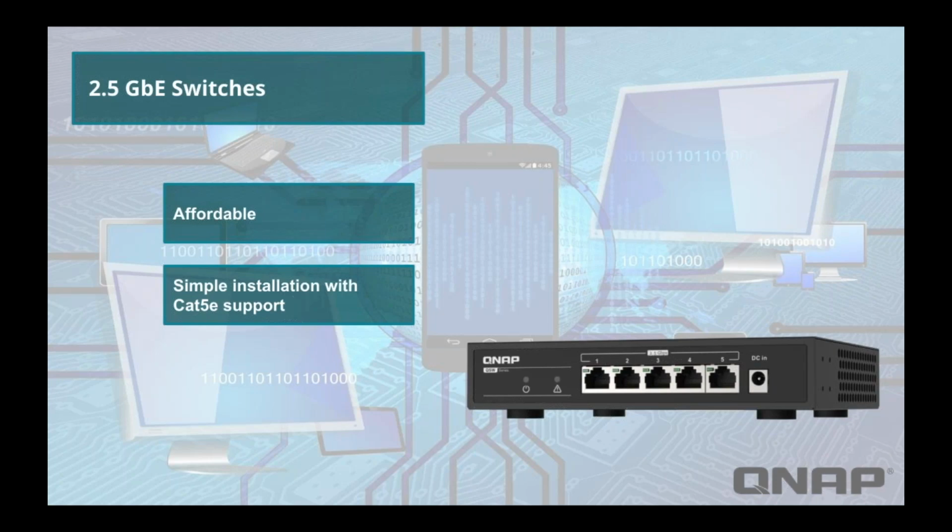And while there are indeed many faster Ethernet connections than 2.5 gigabit, there are some advantages to deploying a 2.5 gigabit network. One of those being that 2.5 gigabit environments will be less expensive. For many users, 2.5 gigabit will be all that they need, and it provides max speeds that are theoretically faster than Wi-Fi 6, which is something that can't be said of the single gigabit connection.